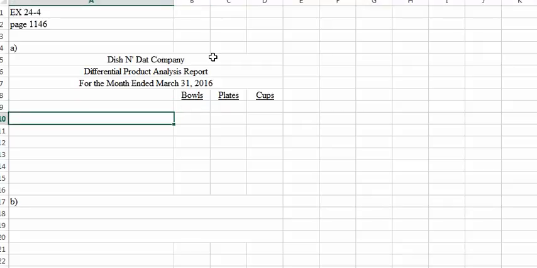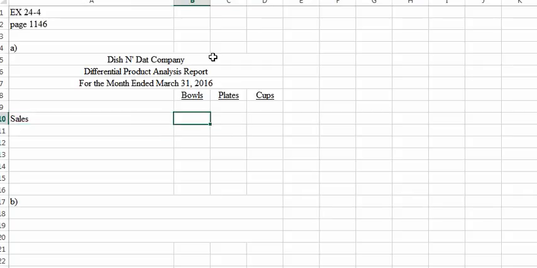I like to even skip a row here. Okay, sales for bowls, 71,000. Plates, 105,700. And cups, 31,300.